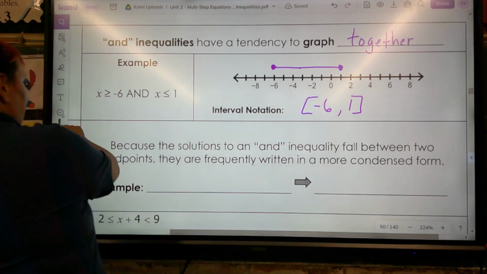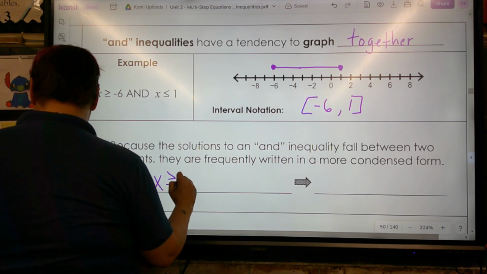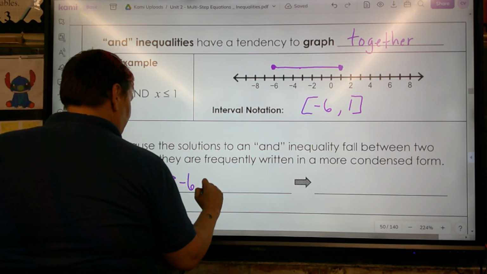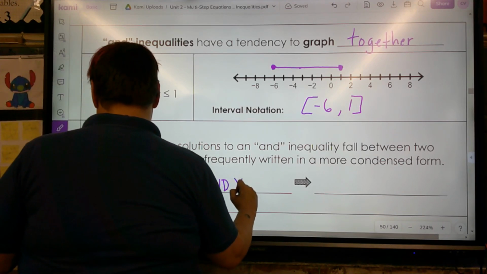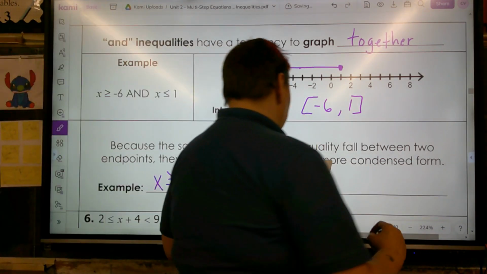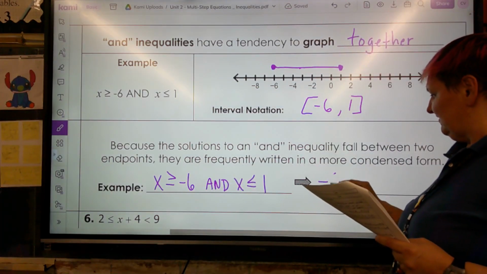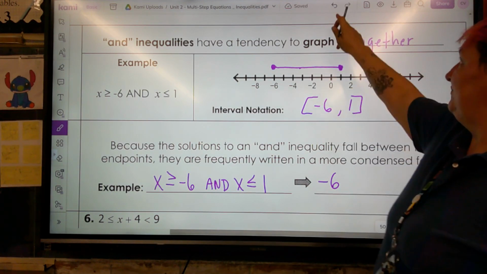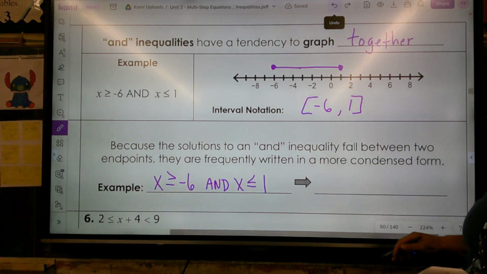All right, so instead of writing x is greater than or equal to negative 6 and x is less than or equal to 1, we just write, well, I'm going to do it so you can see the visual. I want you to see the visual, right?